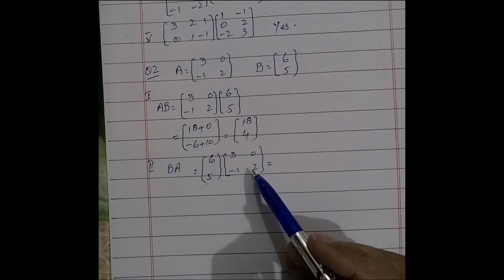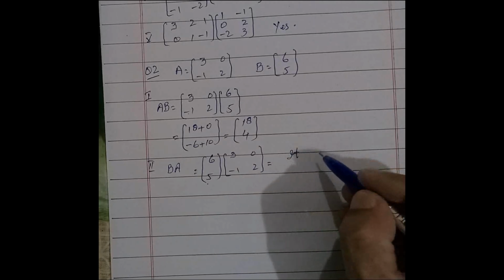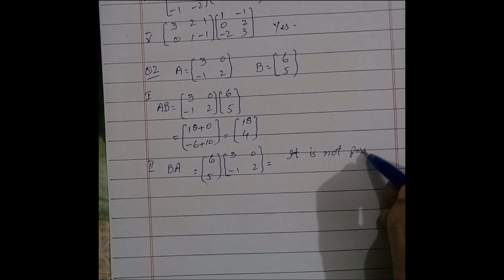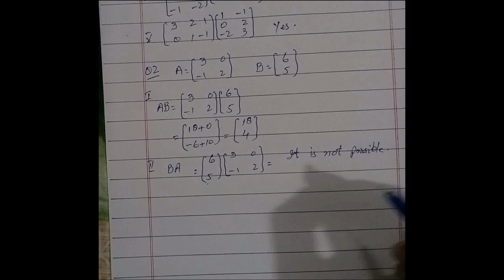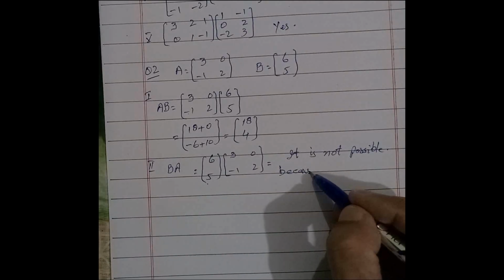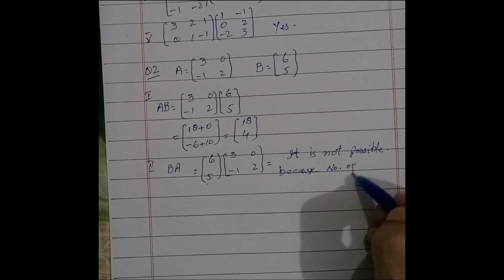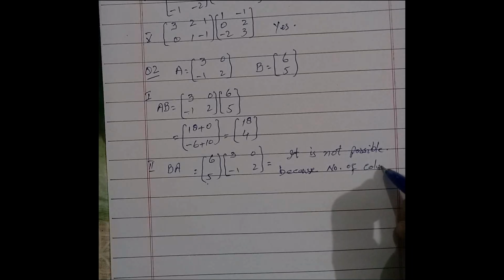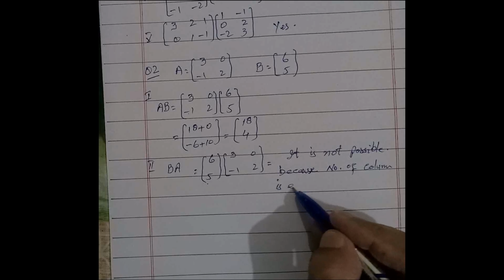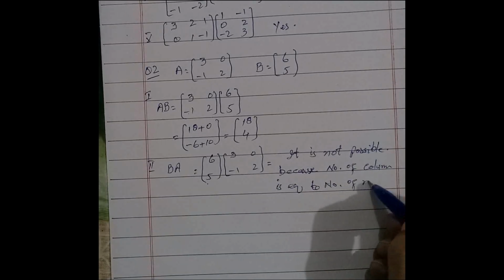So this is not conformable for multiplication, and it is not possible, because the number of columns must be equal to the number of rows.